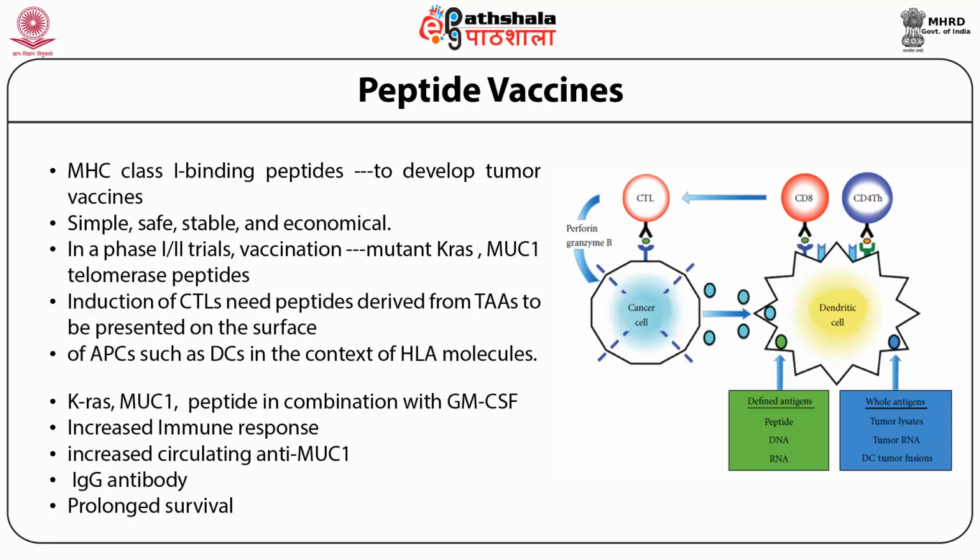Once they have seen the antigen and activate the CTLs, there is an increased immune response, increased IgG antibodies, and the patient can survive more, and there is prolonged survival of the patient with these cellular therapies.